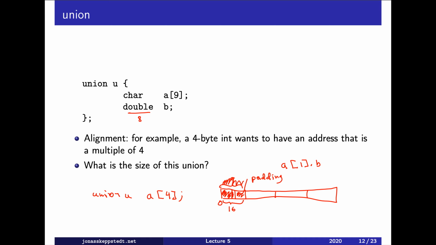So now you know, which many C programmers don't, that the size of a union is not the size of the biggest member, but instead we have to take alignment into account.